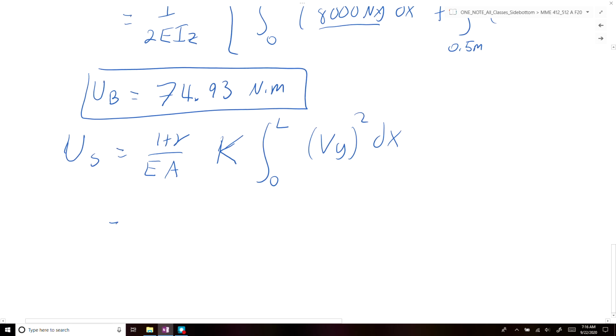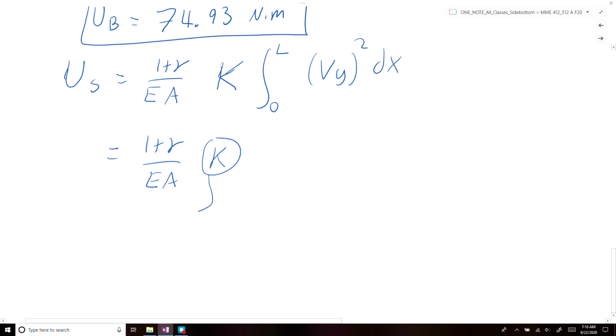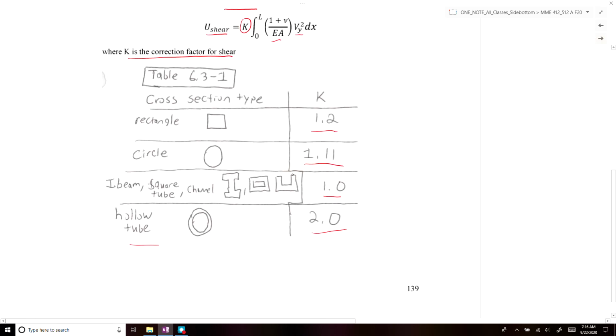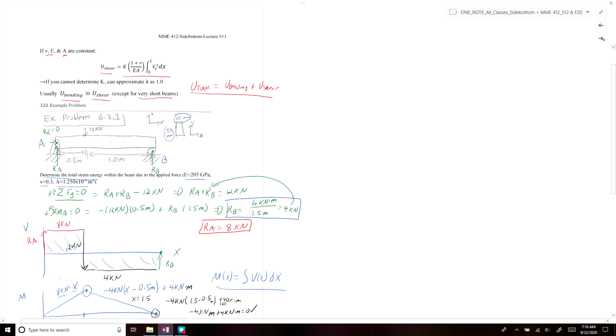All these terms out front are constant. Our K term is our shear correction factor for a square cross section like we have in this problem. K is equal to 1.2. We can just look that up from this table here. We had a rectangular cross section, therefore our K value should be 1.2.